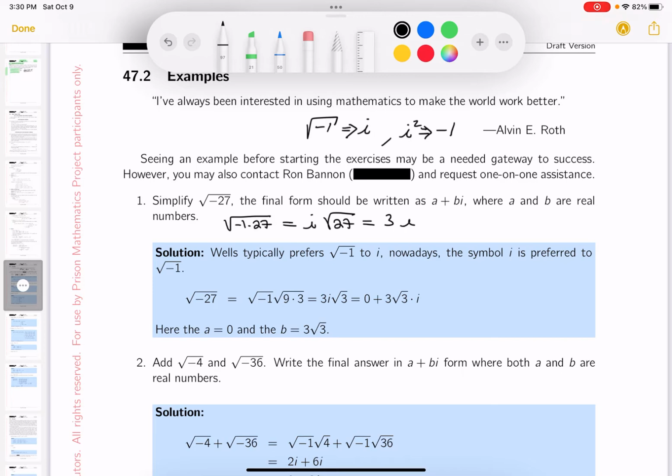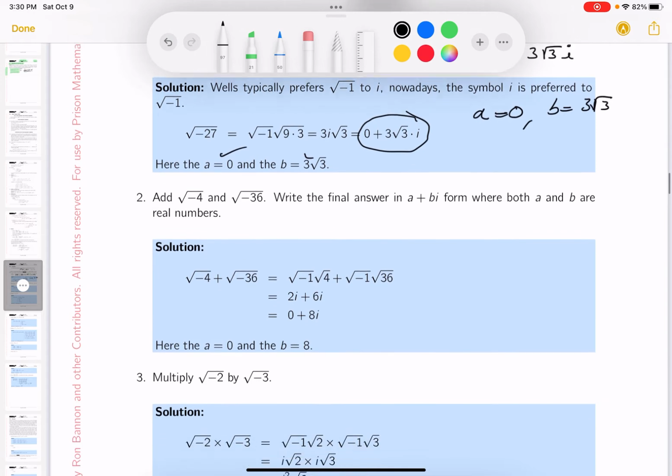So I get 3i root 3. All right? I want to write in the form that they want. They want in the a plus bi form. Let me put that down for you. So this is going to be equal to 0 plus 3 root 3 i. This, you understand, the a is 0, and the b is 3 root 3. All right? 0, 3 root 3, and this is written down the way they want it written down.